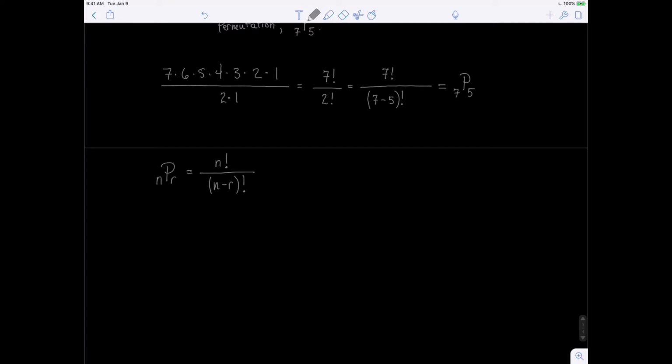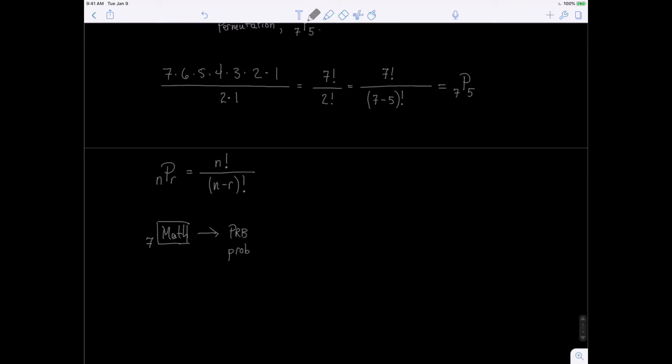In your calculator, you can do this as well. What you do is you type 7, then you press the math button in the upper left region. Then you scroll over to the PRB, or on the newer calculators I think it's PROB.